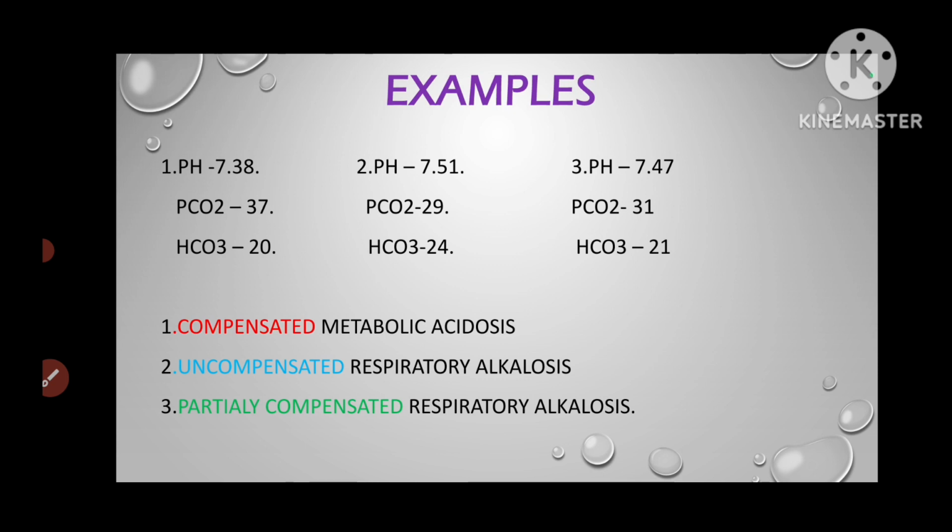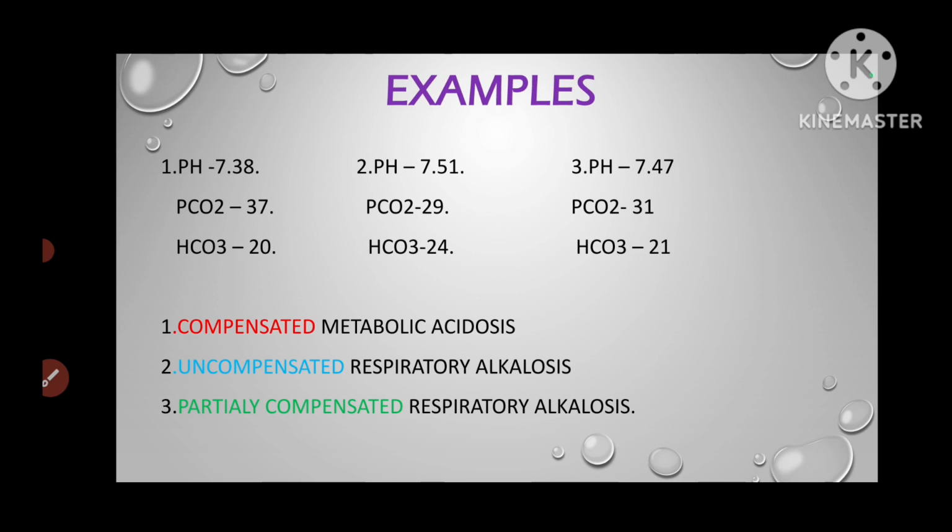First one, we will take pH is 7.38, which is normal, 7.35 to 7.45 being the normal range. The pH is 7.38, which indicates it is compensated. And one more thing I need to tell you: in this case, forget about compensation and these things. First we will find out whether it is acidosis or alkalosis.